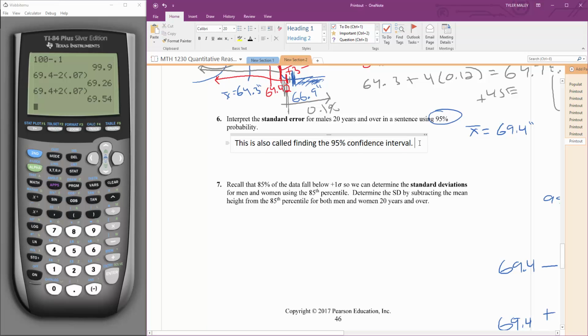If I ask you to find the 95% confidence interval, this means the same thing, right?